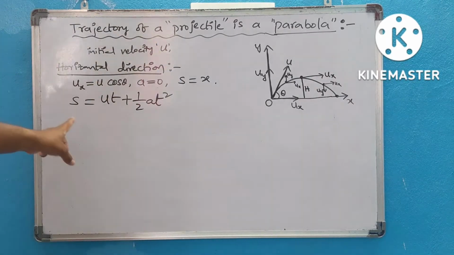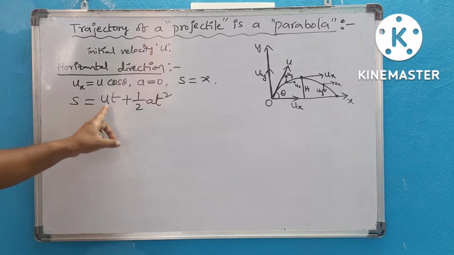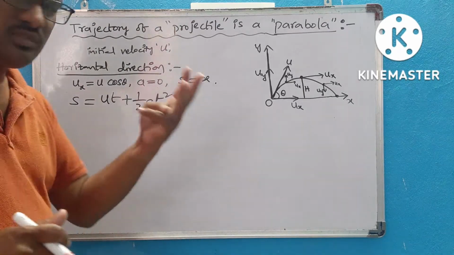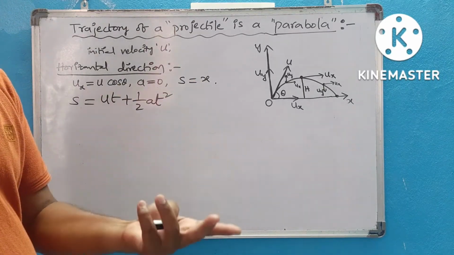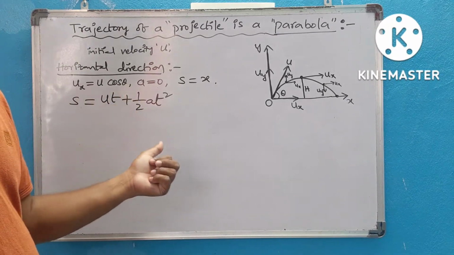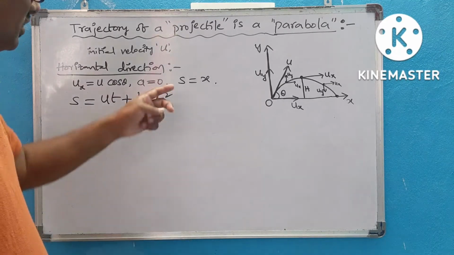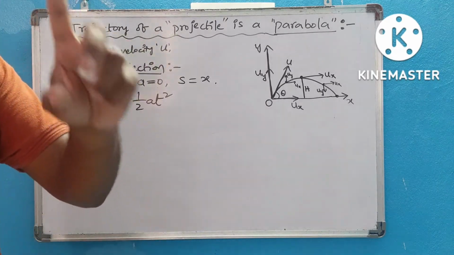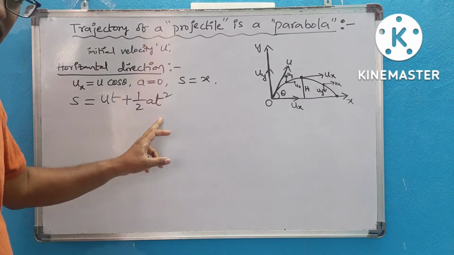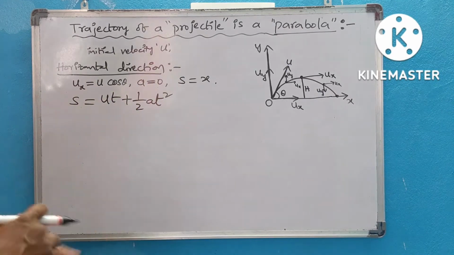Already we know that we have three kinematic equations: v equal to u plus at, s equal to ut plus half at square, v square minus u square equal to 2as, right? The only displacement equation we have is s equal to ut plus half at square. So all these values are substituted in this equation.